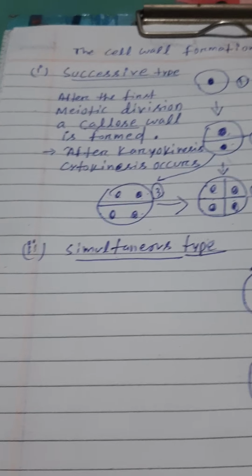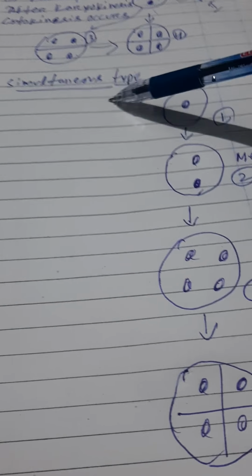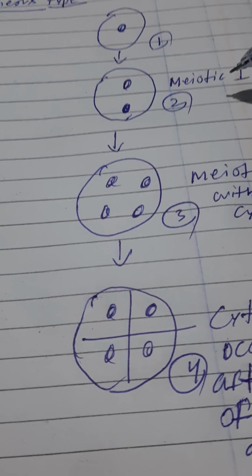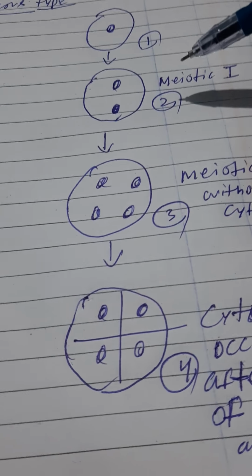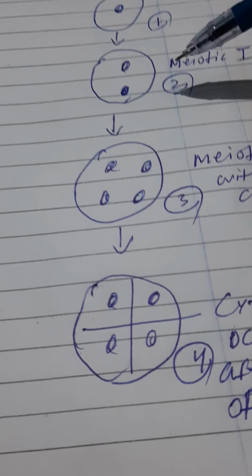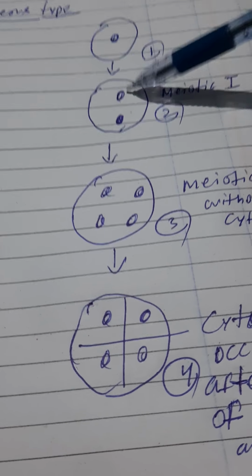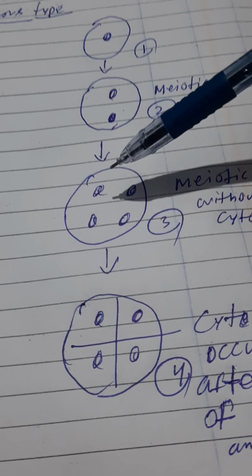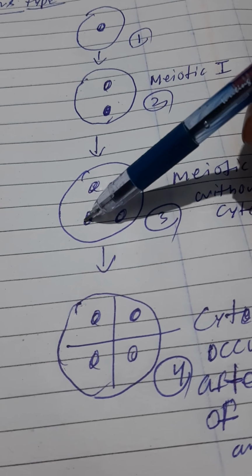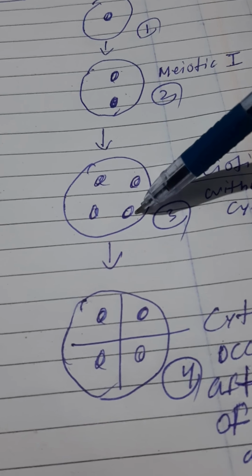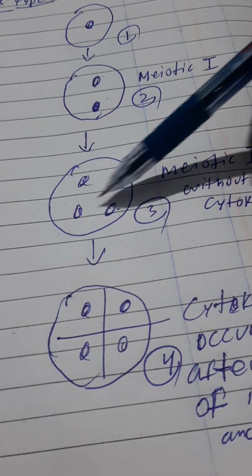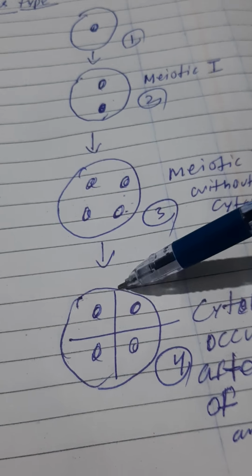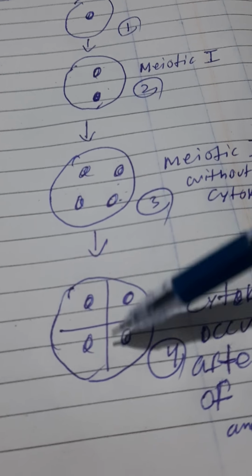Then comes another type, and that is the simultaneous type. In this case, in meiotic 1 karyokinesis happens, but without cytokinesis, karyokinesis occurs again, and after completion of meiotic 1 and meiotic 2, cytokinesis occurs.